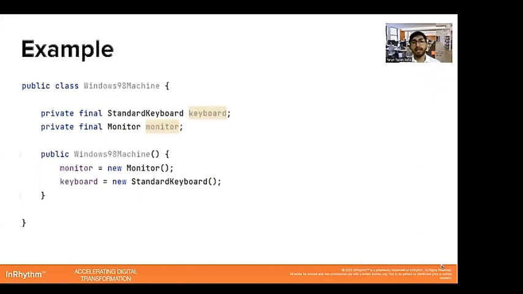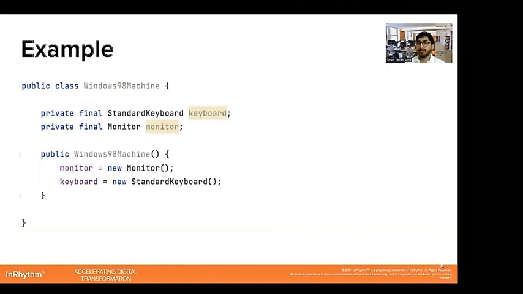Let's say we have a Windows 98 machine, right? Pretty straightforward. It has a keyboard, it has a monitor, right? In the constructor, you see, I am relying on the concrete implementation of a monitor, right? Here, monitor is a concrete class, and a standard keyboard, right?